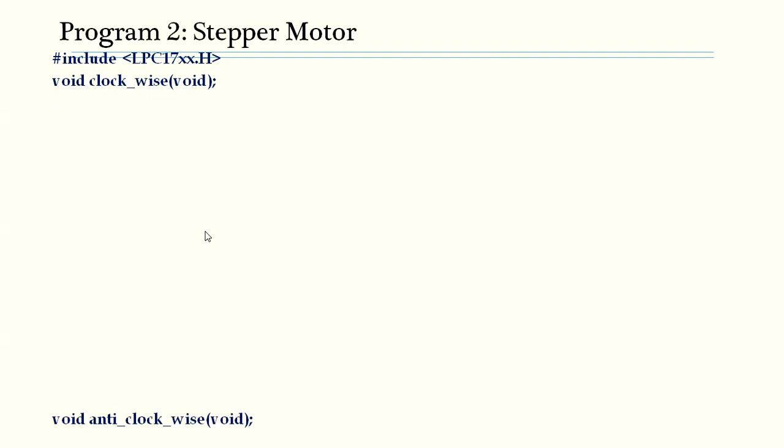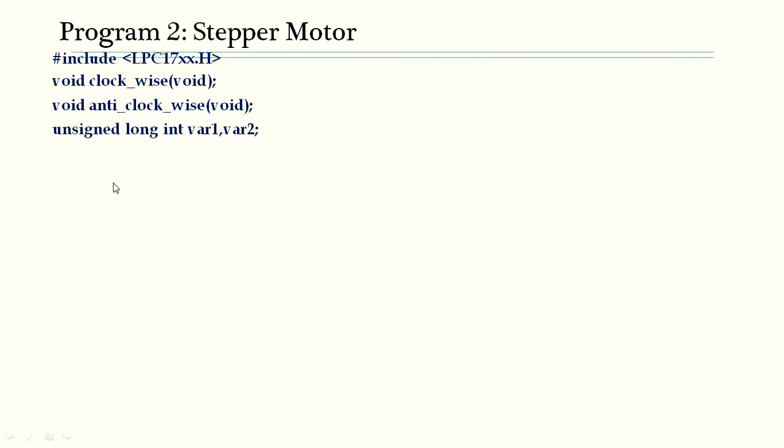So let's understand the program. The first statement is #include LPC1768, the header file being included. Then we have used two functions, one is the clockwise and another one is the anti-clockwise. So you have the function declaration, or the prototype declaration, being done.